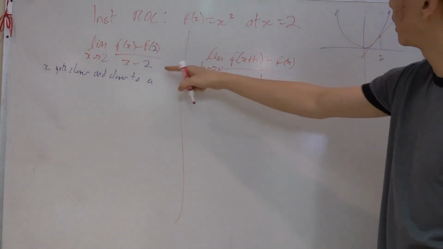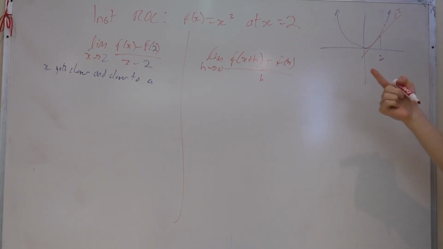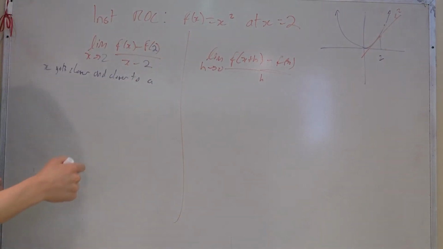So what this is doing is I'm going to pick points that are close to 2, right? Close to 2, figure out their coordinates, and then draw lines from this point to that point. That gives me a line. But then what I want to do is move this point closer and closer to 2, and that's how I'm going to get a good approximation for this limit. Okay? So that means I need to choose points that are close to 2.